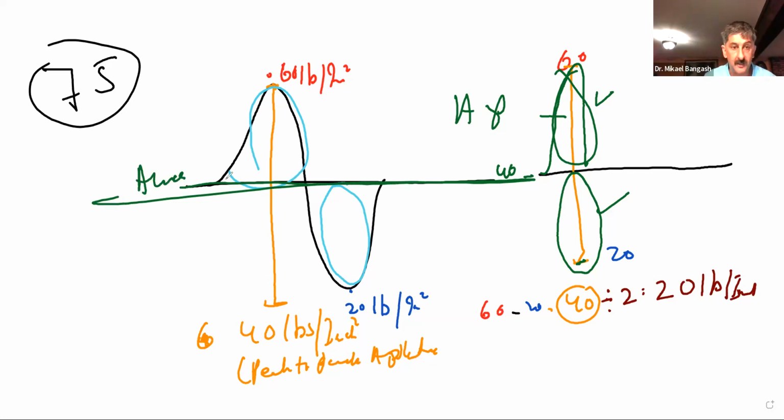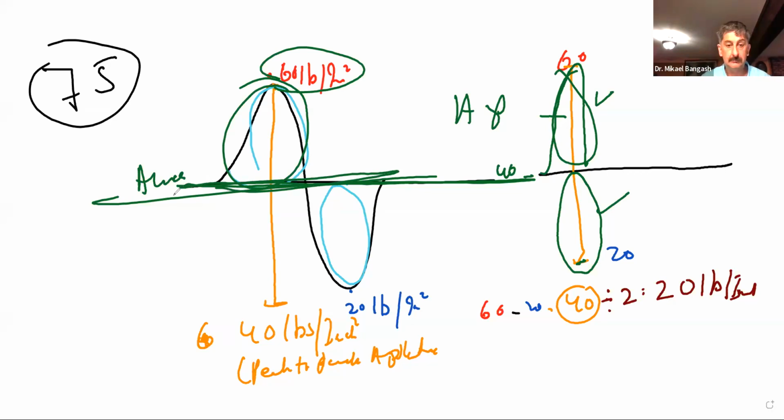The difference between the maximum and the average is the amplitude of a wave. Or, on the other hand, the difference between the average and the minimum is also the amplitude of the wave.